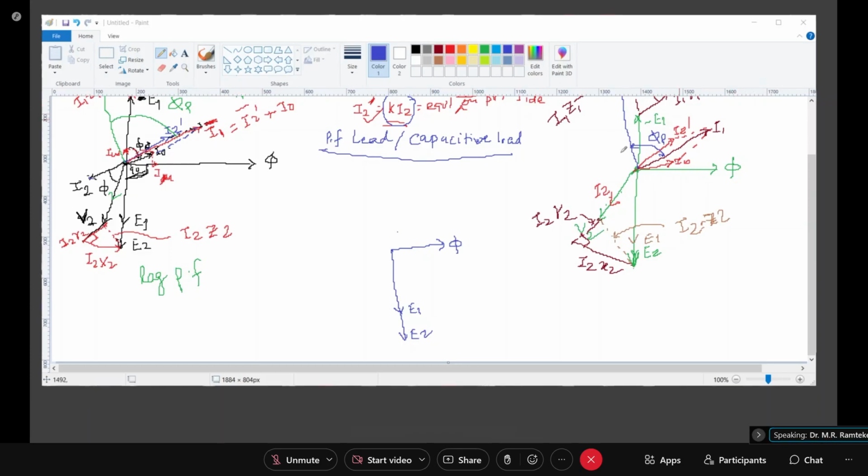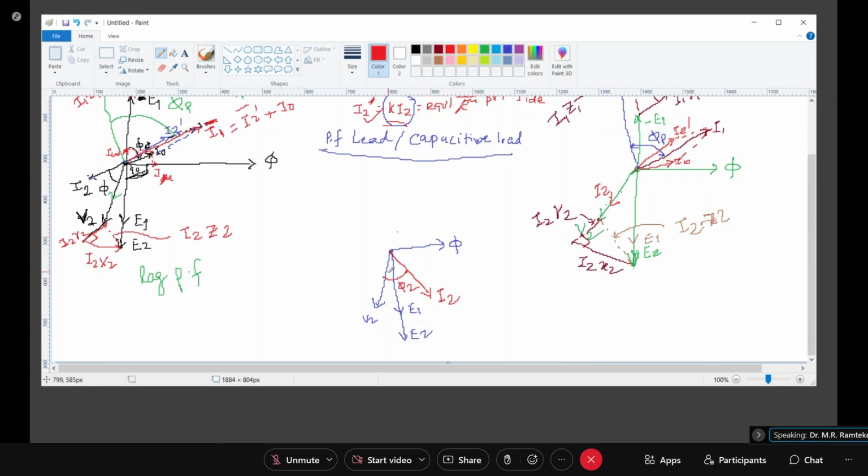It depends on the type of transformer and how you connect the source. Now what will happen? V2 will be there, a very small angle, and your I2 will be leading. So somewhere here there is I2, and this is my phi 2. In the unity case it is in phase, so no phi; that is 0.